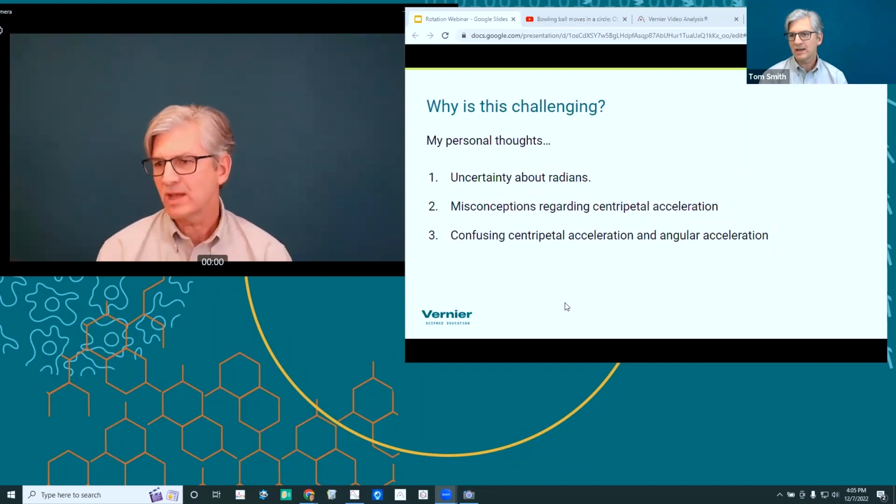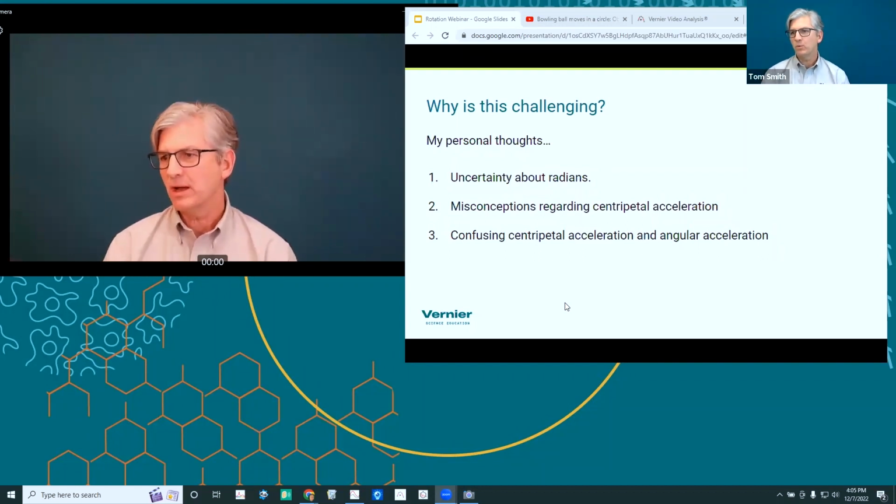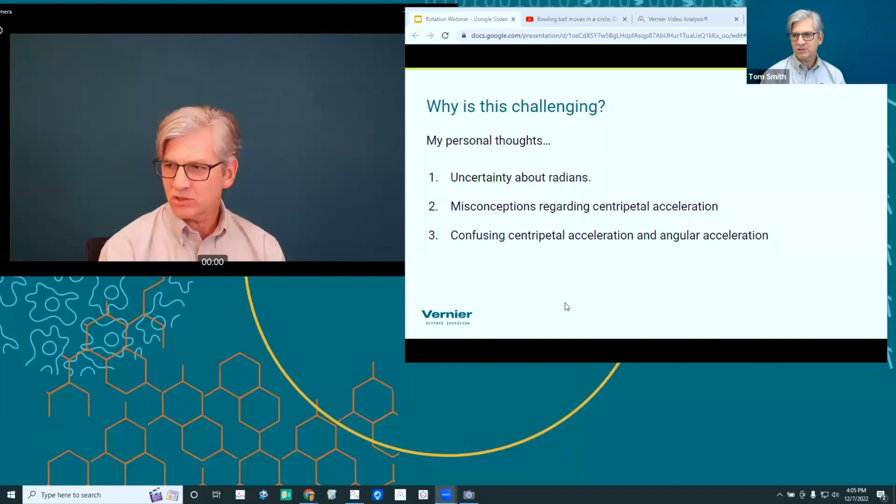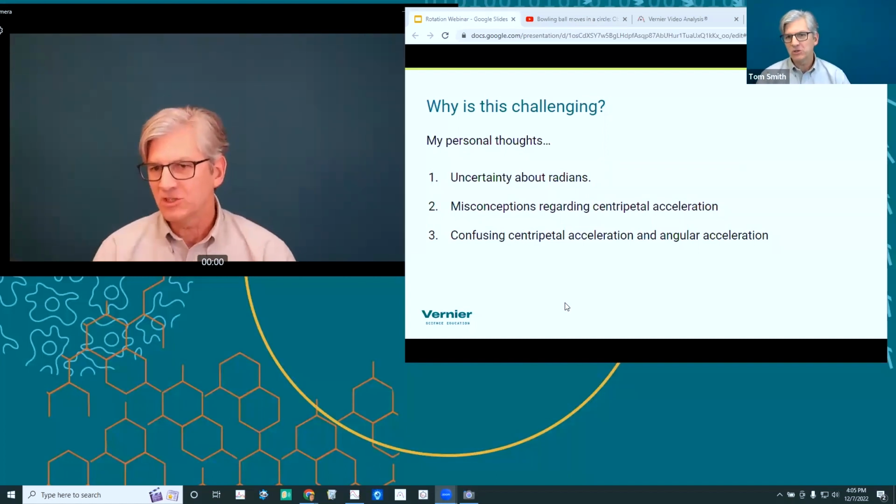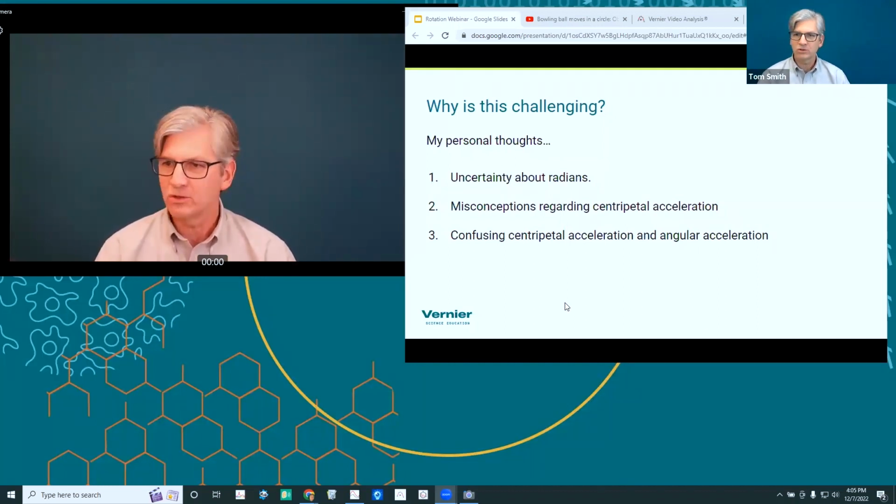Certainly, a lot of students had misconceptions about what centripetal acceleration is. I'm not going to get into the whole conversation about centripetal force and how you should teach that. A lot of teachers have different approaches for addressing centripetal force.